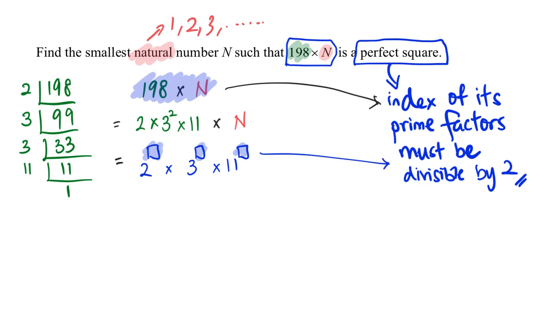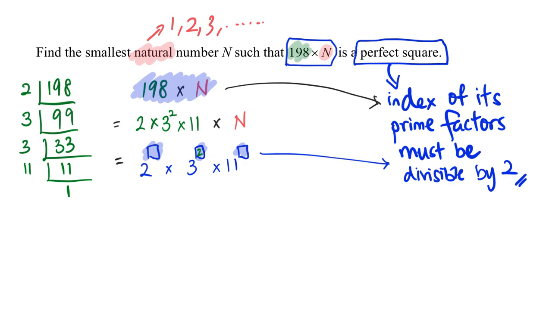So we can see that 3 already has the power 2, but 2 doesn't have it, and 11 also doesn't have it. So it must come from the n.